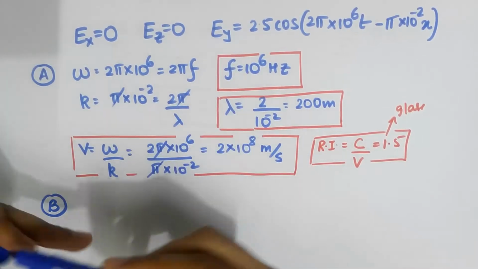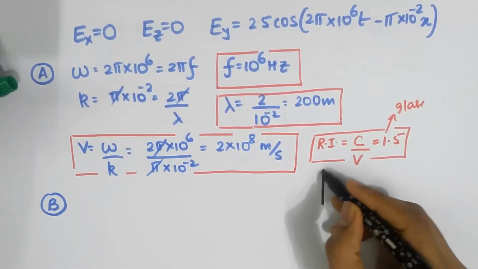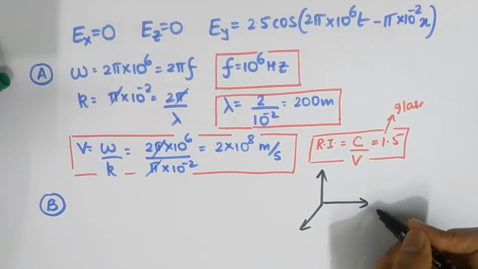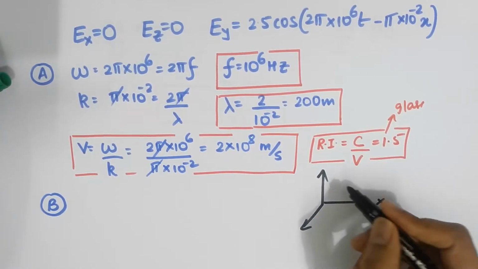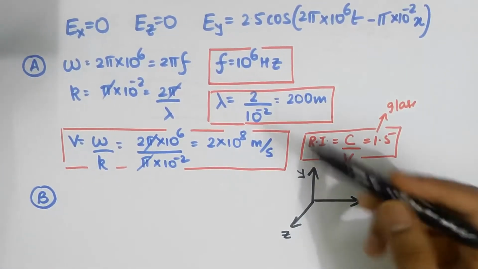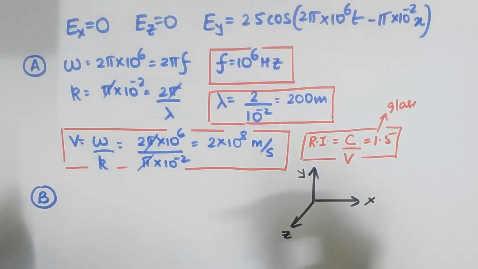Electric field is along the y direction. So let me just draw the XYZ coordinates. I'm going to call this X, let's call this Y, and let this be Z. We know electric field is along the Y direction. That means electric field is oscillating this way.